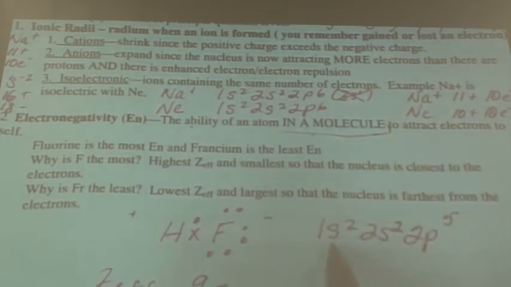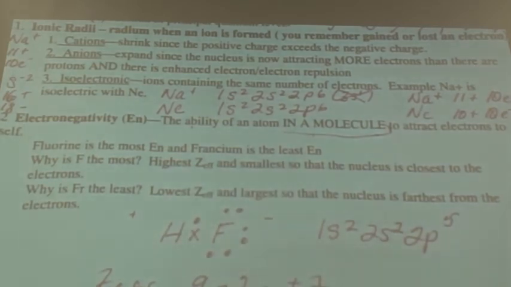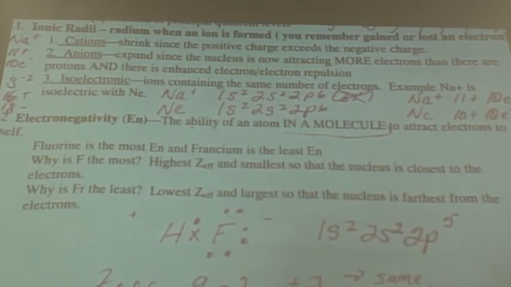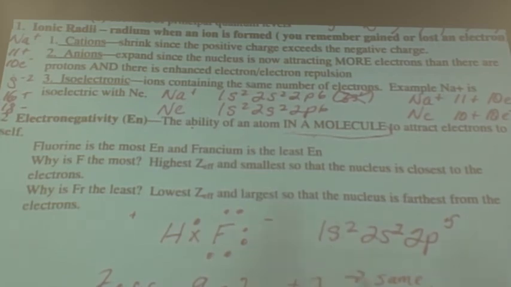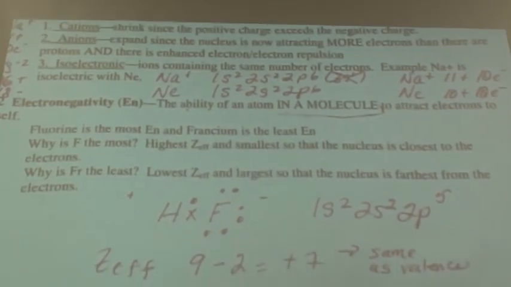So its core. What do you notice about Zeff? Same as the number of valence electrons. Got this? Zeff is the same as the number. Oh, yeah. Okay, so it's feeling a huge attraction to the nucleus.